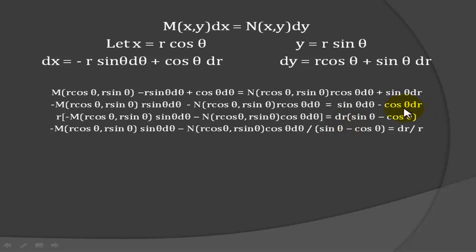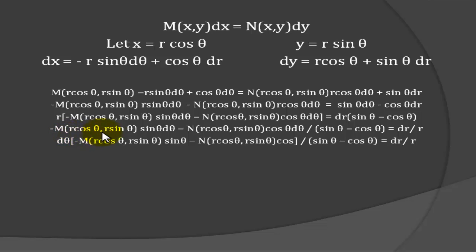Factoring the dr out, we have sine theta minus cosine theta. Now this will give us the result negative M(r cosine theta, r sine theta) sine theta d theta.